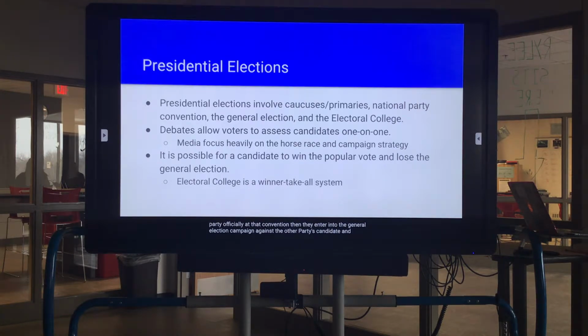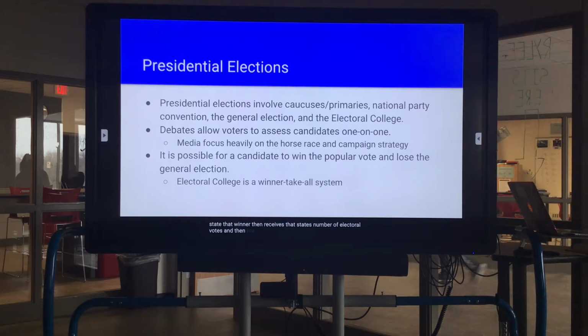And after that general election, it's not the popular vote nationwide that elects a president. The popular vote within each state, that winner then receives that state's number of electoral votes.